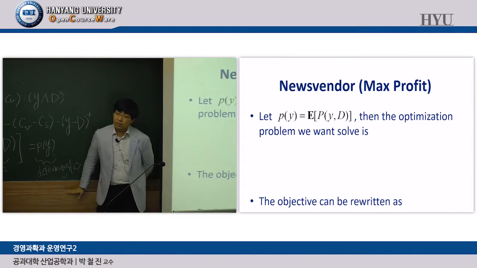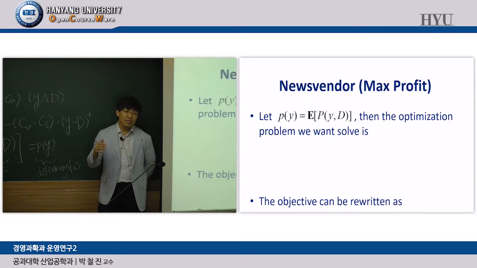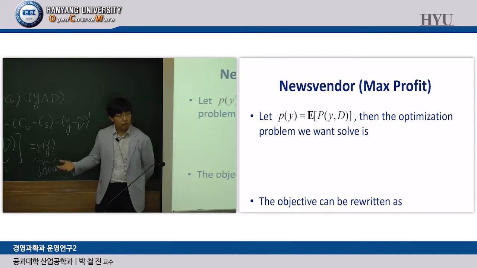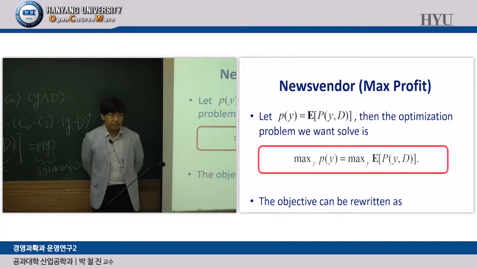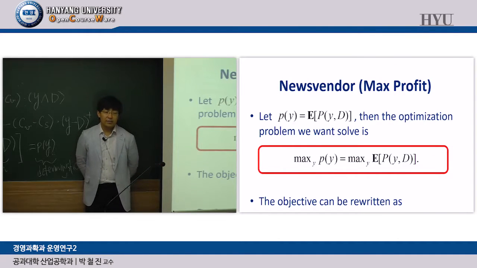Okay, and as you said, we know that if this expected value is large, then it means we can earn a large amount of money, right? Good situation, right? So we want to maximize this function, p of y. That's the ultimate goal of the Newsvendor problem.